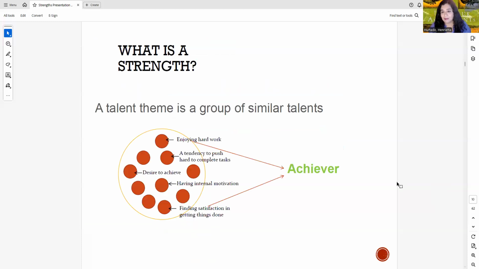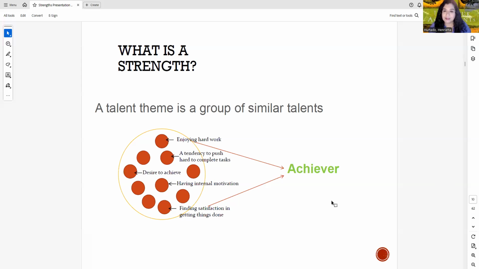To explain more, I'm showing this graphic to demonstrate what a strength is and how the themes are created. For example, if one of your strengths is achiever, the talent theme of an achiever is a group of similar talents.